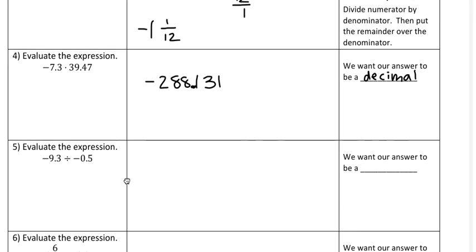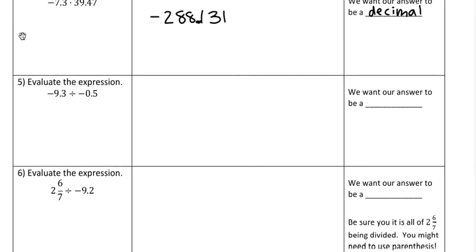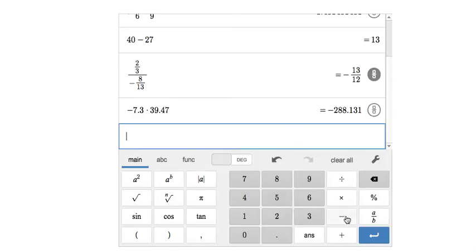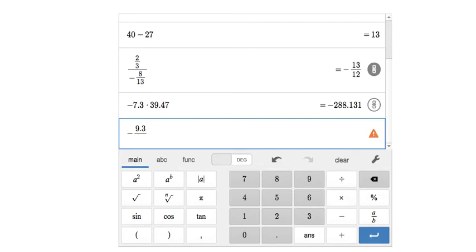Okay, number 5. Again, we have decimals here, so my answer is going to be a decimal. Okay, and we're dividing this time, so make sure we're doing the division sign. So negative 9 3/10 divided by, is it negative or positive?